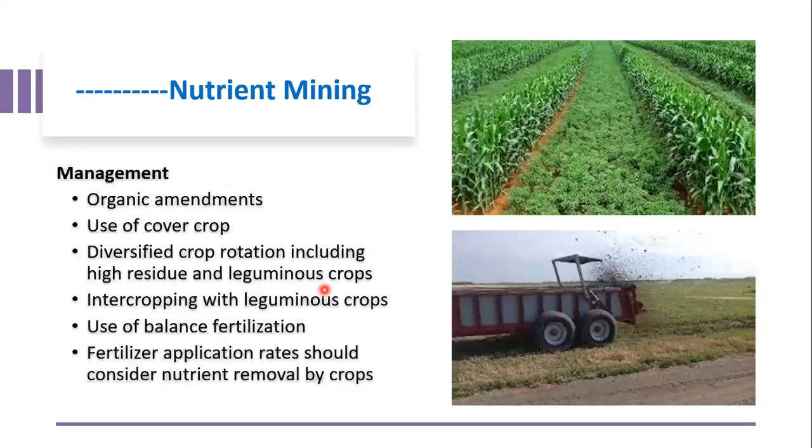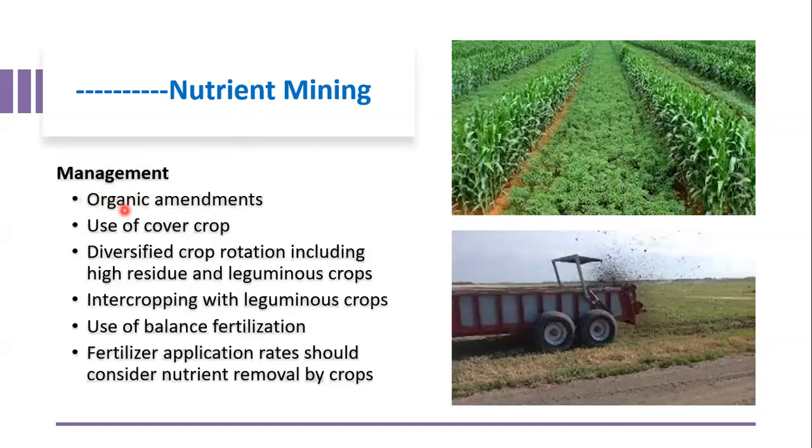Imbalanced fertilizer application also enhances nutrient mining, because if we have only one nutrient being added into the soil and not the others, then that will also affect the nutrient concentration in the soil, because the other nutrients will be taken up by the plant, but they will not be giving yield.